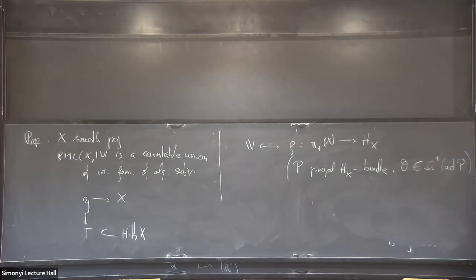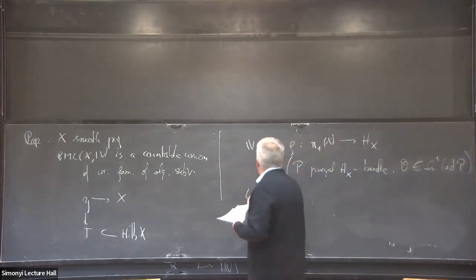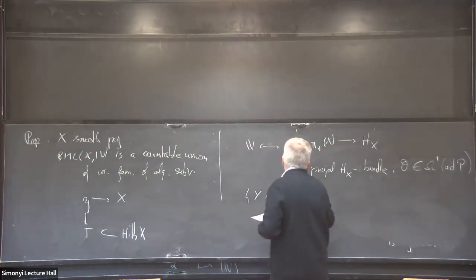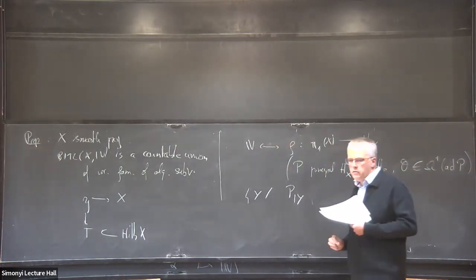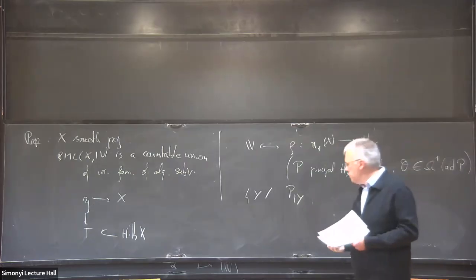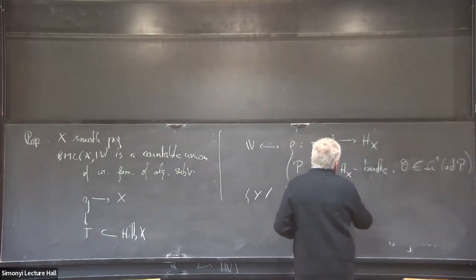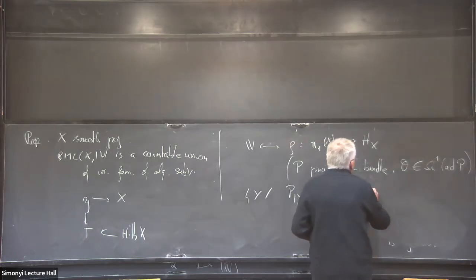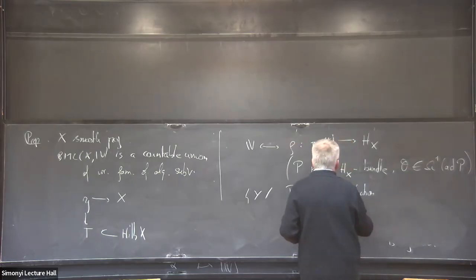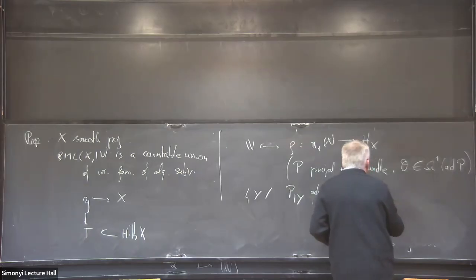Now you understand what you want to do: you want to consider the Y such that, first of all, P restricted to Y admits a reduction to a group H_Y strictly contained in H_X.